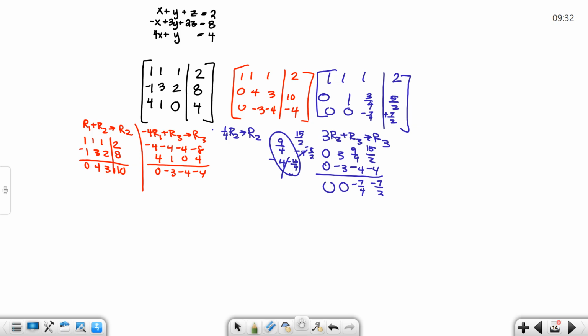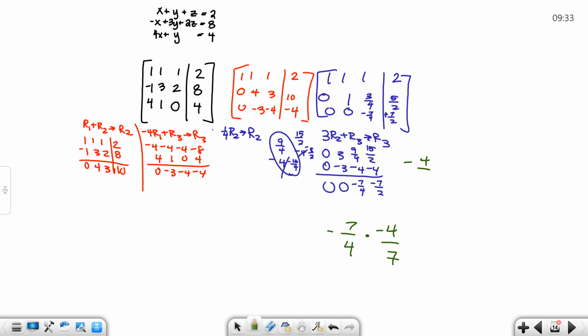Now, when I look at this bottom one here, I need to turn this -7/4 into a 1. The way that I can turn a -7/4 into a 1 is to divide it by -7/4. Dividing by -7/4 is the same thing as multiplying by -4/7.